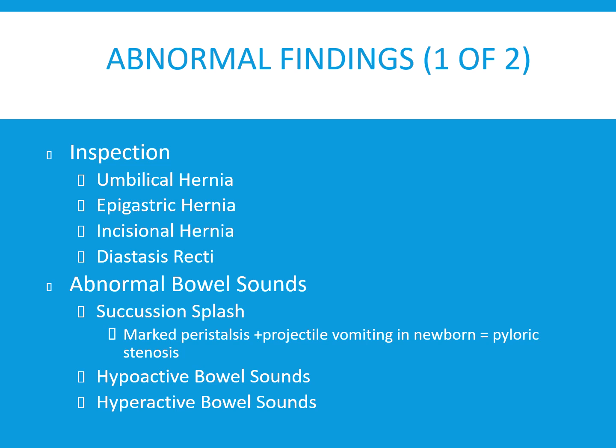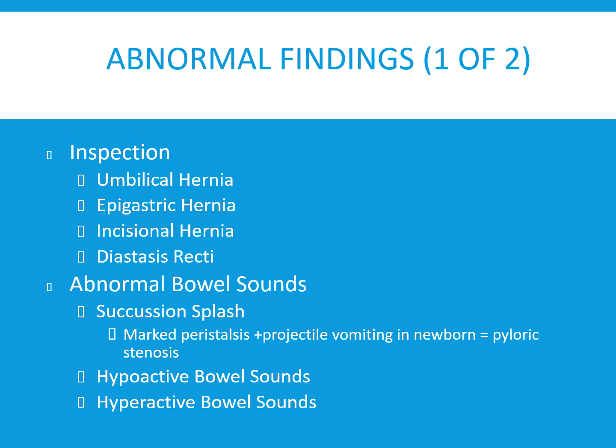Abnormal findings you can see on inspection would be hernias, whether it's in the umbilical area, femoral area, inguinal area, incisional hernias from previous surgeries, diastasis recti, down the midline under the umbilicus. Abnormal bowel sounds, not really going to see a whole lot of abnormal bowel sounds except with hypo and hyper.